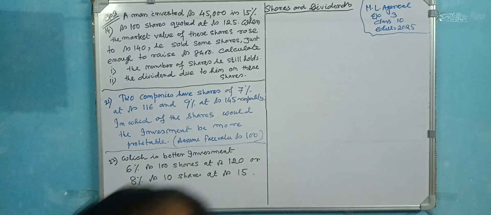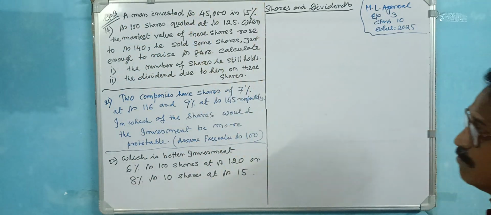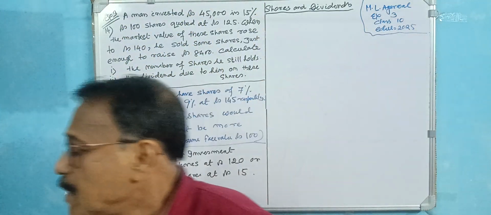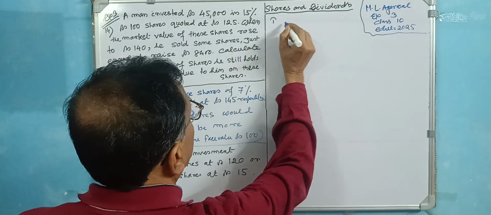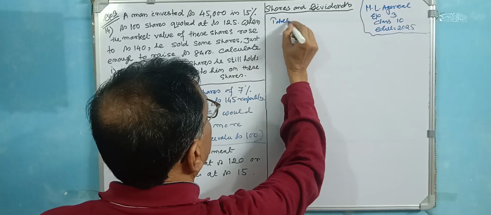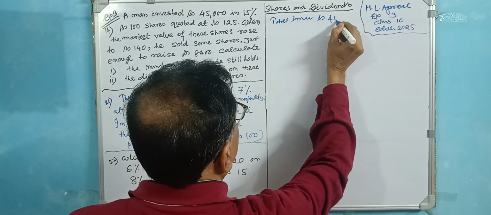Suppose the sum is: a man invests rupees 45,000 in 15% rupees 100 shares. What is the given data? The total investment is rupees 45,000.